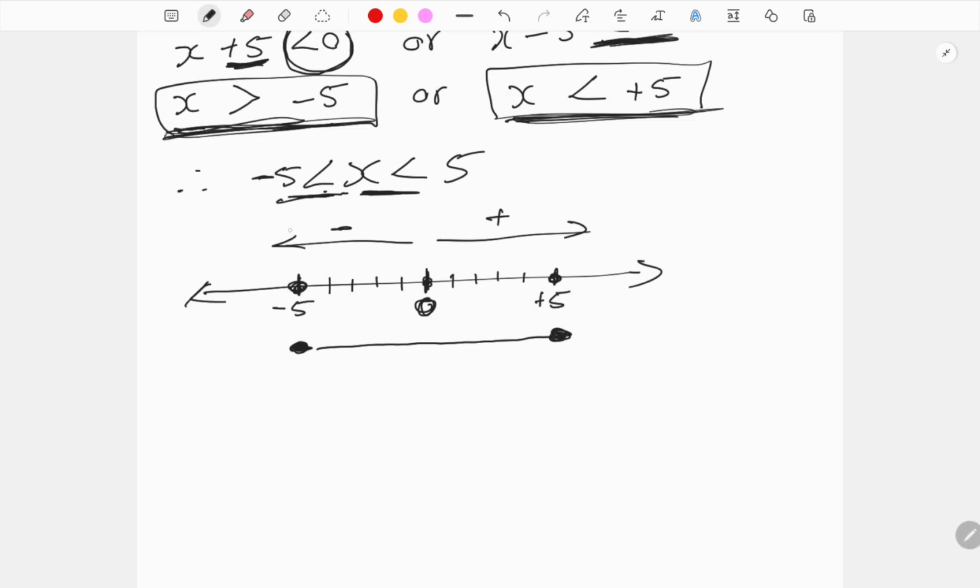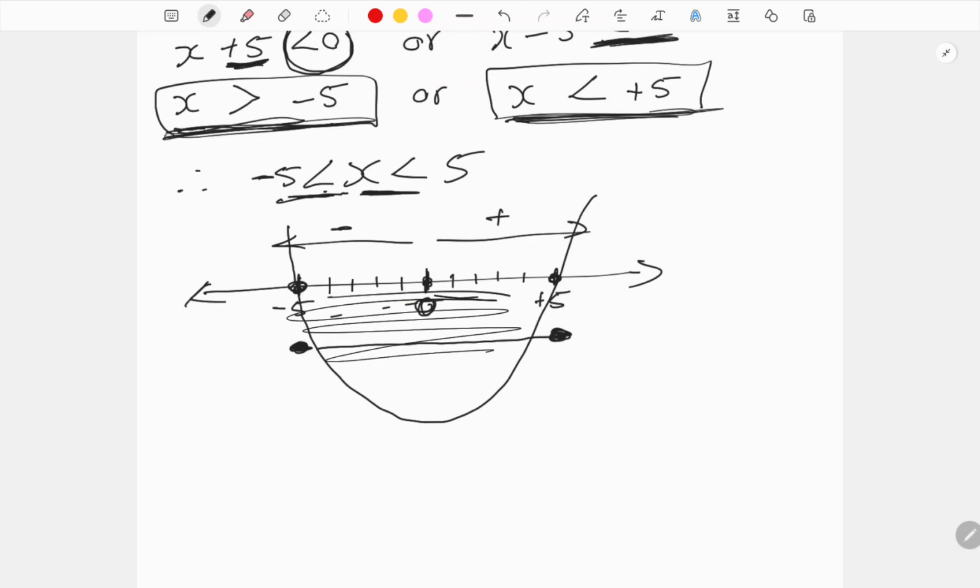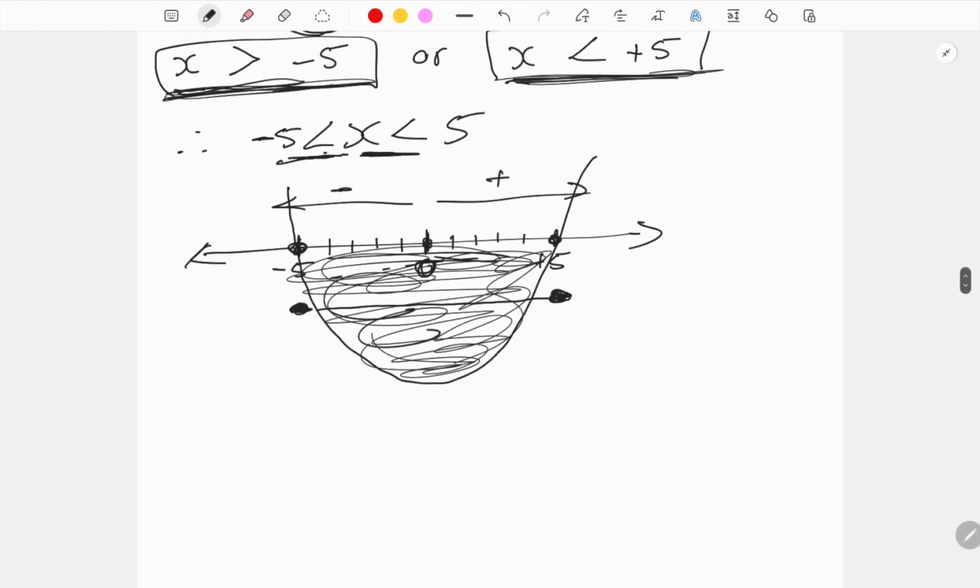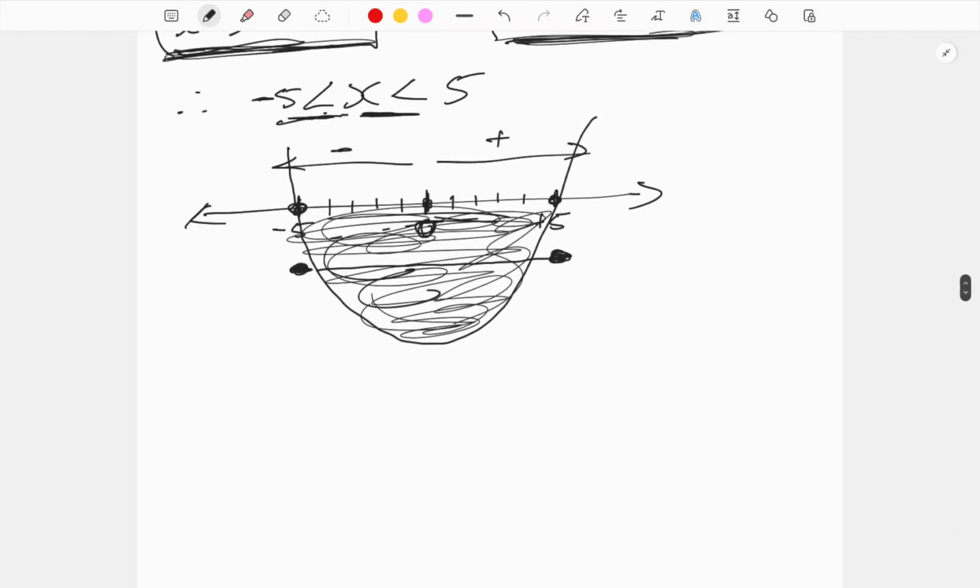So meaning it can be any numbers on this graph here, all the x's in this. Oh, that's good. Let's take another example here.